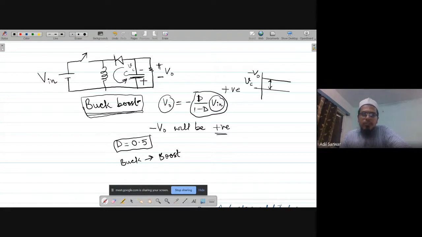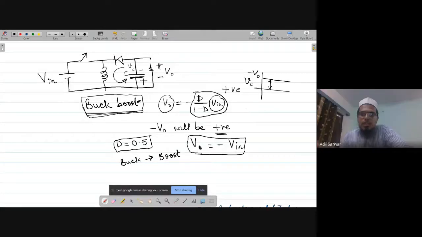So if you put 0.5 here, what you will get? You will get V out equals minus of V in, isn't it? So input voltage and output voltage are same. Can you see this?